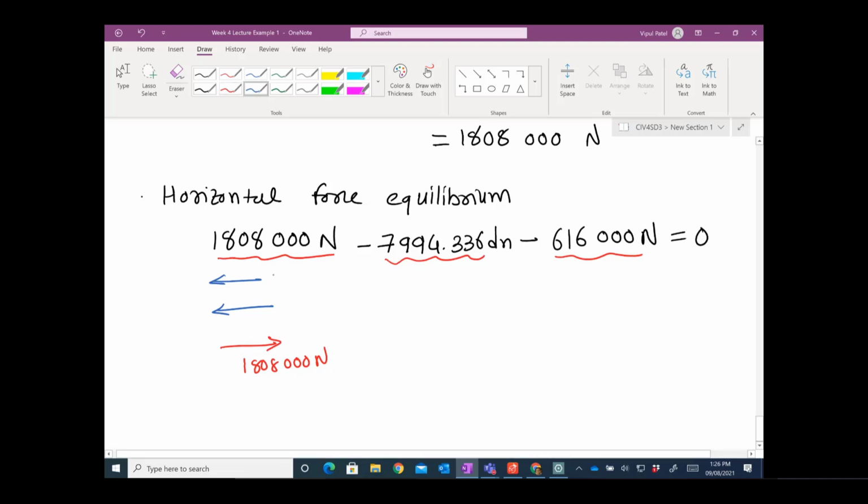So this one is, let's say, 616,000 Newton, which is the top Rio, and the concrete one is 7994.336 dN, right? So that's equilibrium, and this is, by the way, 3, 4, 5, 6, 7, 8. This is the 8 Rio at the bottom, and these are concrete. So you have three forces, and there is one unknown sitting here, dN.